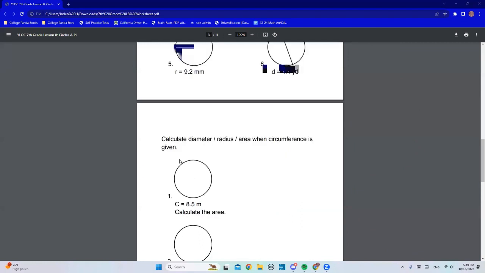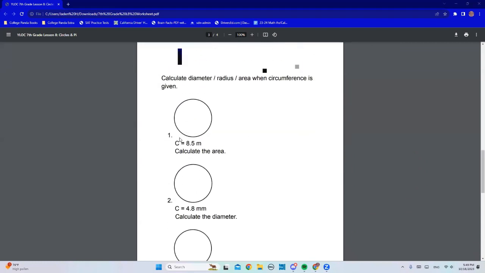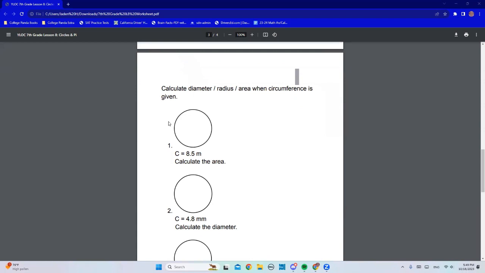So let's try out these problems. Calculate the diameter, radius, or area when the circumference is given. For number one, we'd have to find the area. We're given the circumference.